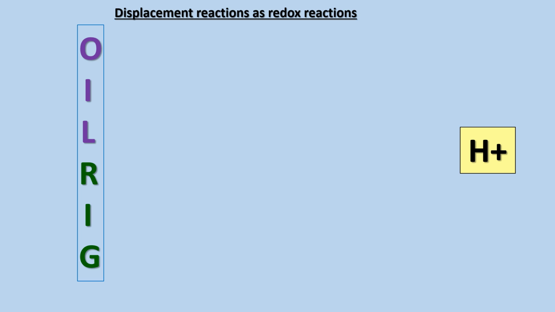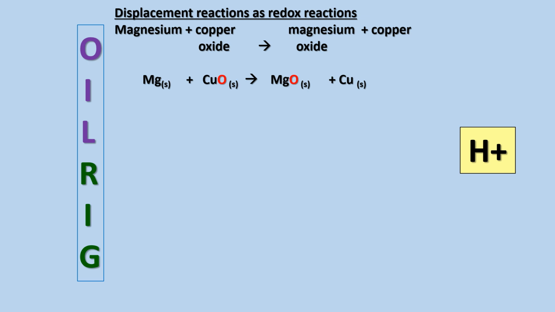So let's take that one step at a time. So here we have a word equation. Magnesium plus copper oxide goes to magnesium oxide plus copper. Simple grade 3 word equation. We can turn it into a symbol equation, and you can see in the symbol equation that the oxygens are part of a compound on both sides of the equation. So the oxide ion is going to be our spectator ion, and we can take it away to reveal the ions beneath.